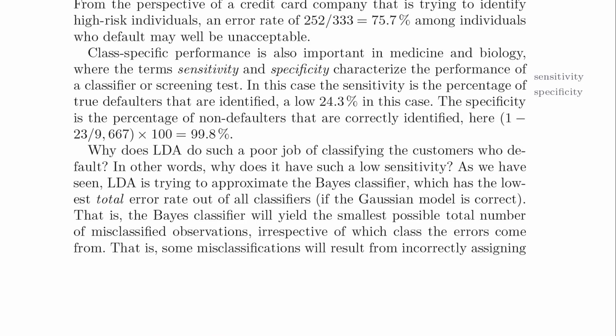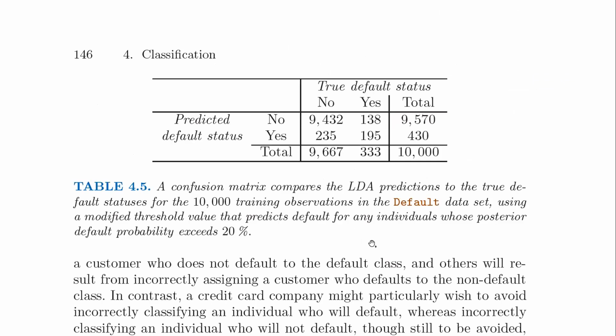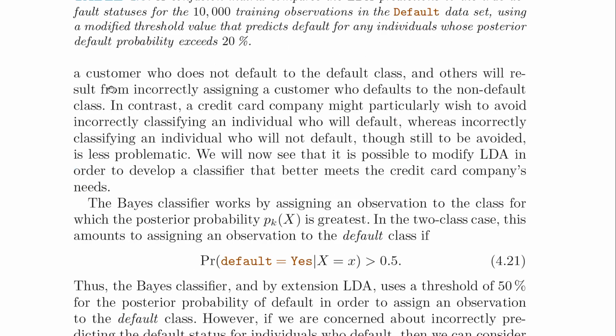That is, the Bayes classifier will yield the smallest possible total number of misclassified observations, irrespective of which class the errors come from. That is, some misclassifications will result from incorrectly assigning a customer who does not default to the default class, and others will result from incorrectly assigning a customer who defaults to the non-default class.